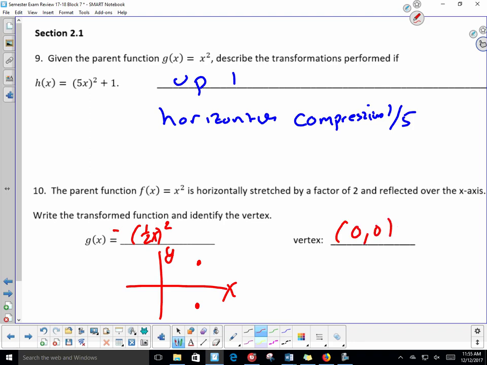Everyone, the vertex form would be f of x is equal to a times x minus h squared plus k, where h, k is my vertex. So since I'm not subtracting anything from the x, I'm not adding or subtracting anything outside, then my vertex is going to be at 0, 0. Any questions on that one?